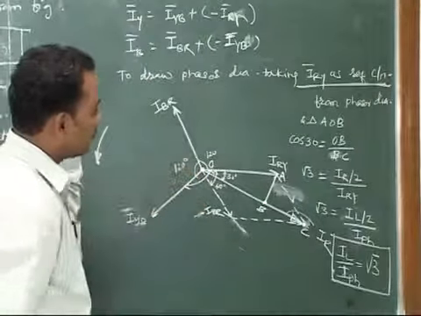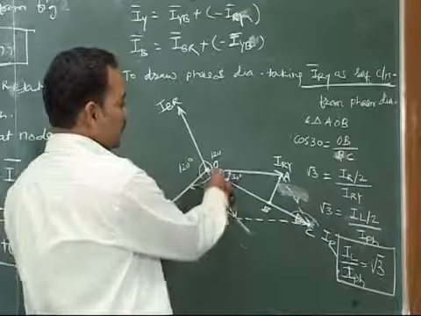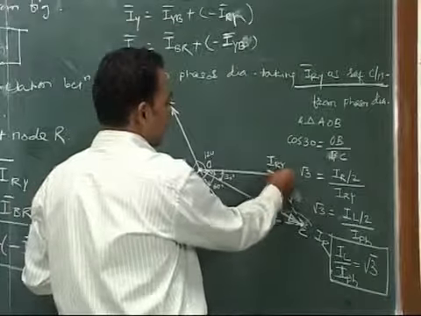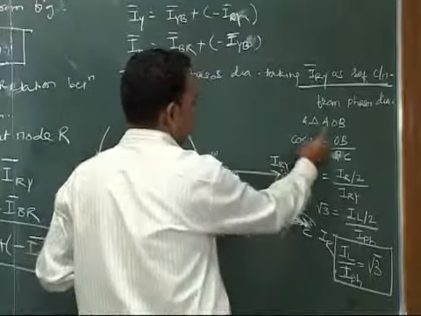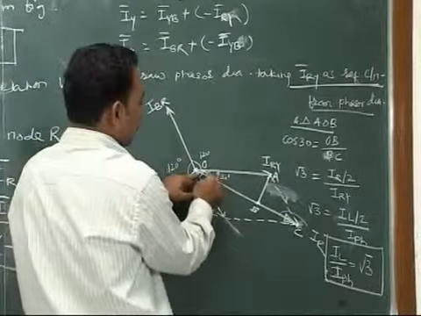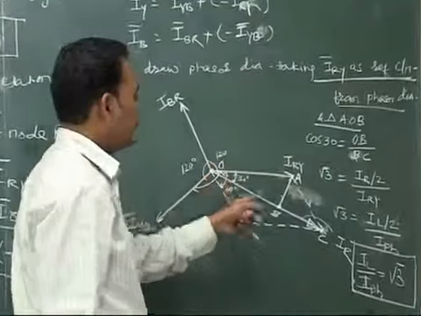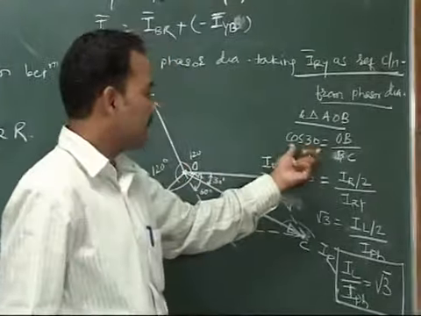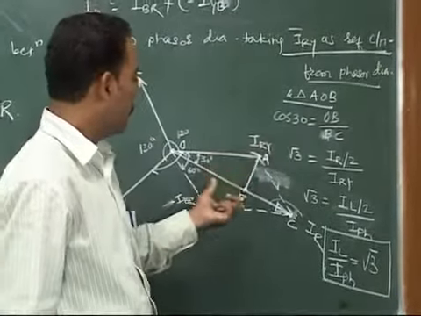Similar to what we drew for the line values in the star configuration, from this triangle we'll draw the perpendicular on the line current IR. From this triangle, the angle AOB will become 30 degrees. From triangle AOB we have the relation cos 30 is equal to OB upon OA.